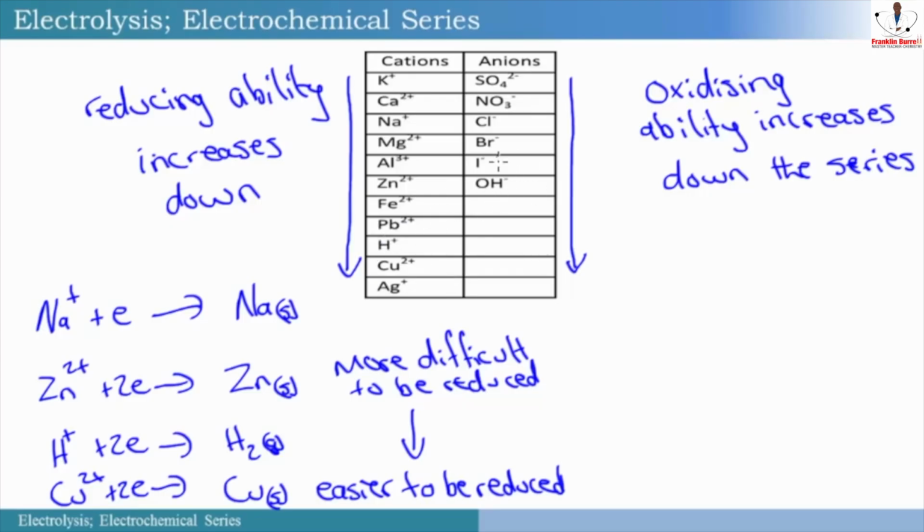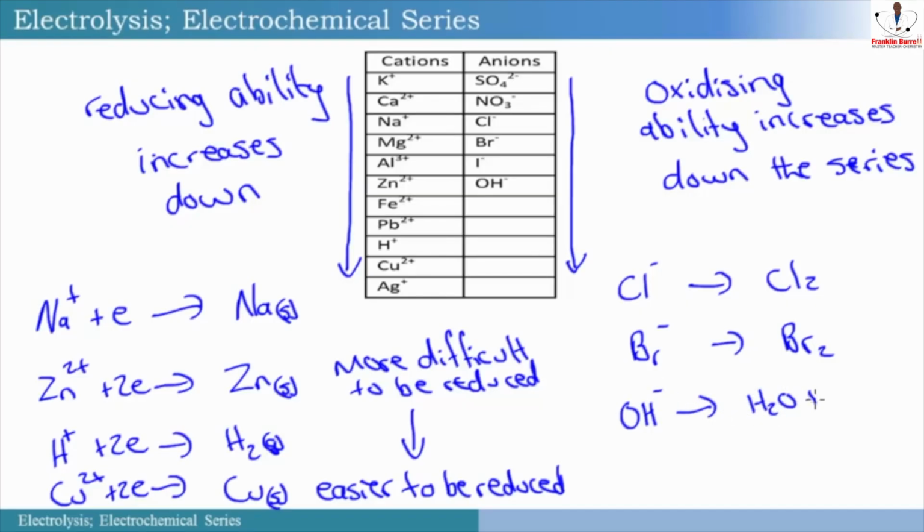In terms of your anions, let's start with chlorine, and I will write Cl-, and of course that will form Cl2 gas. Br- will form Br2, and let's go straight to OH-, that will form water plus oxygen.